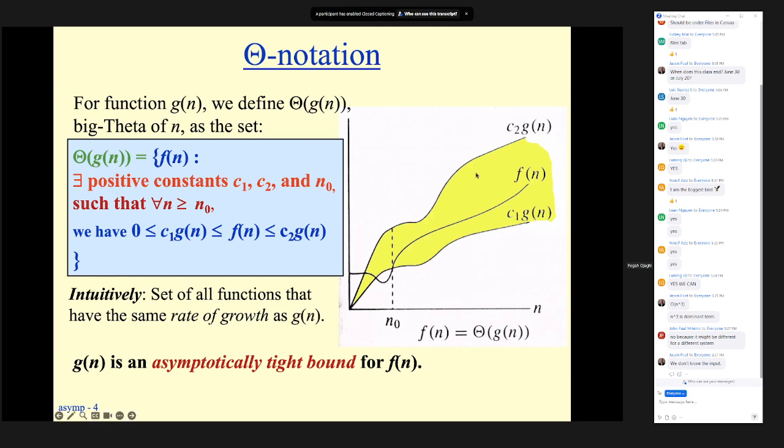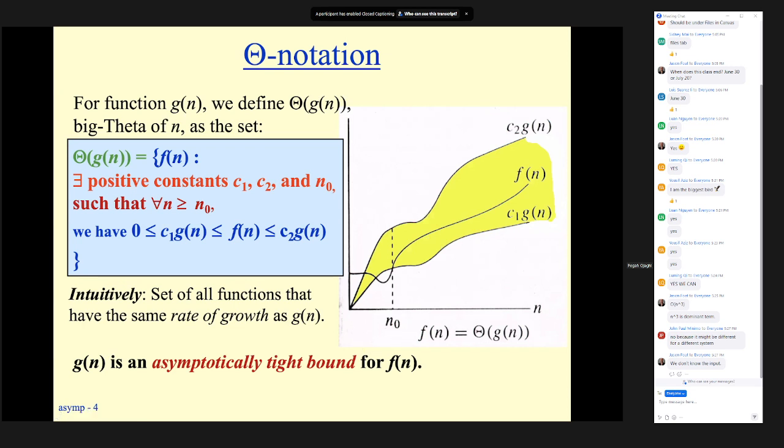What does that mean? Look at this function, my function f of n. From this point onwards, it is between C1 g of n and C2 g of n. It stays inside this bound after this point.